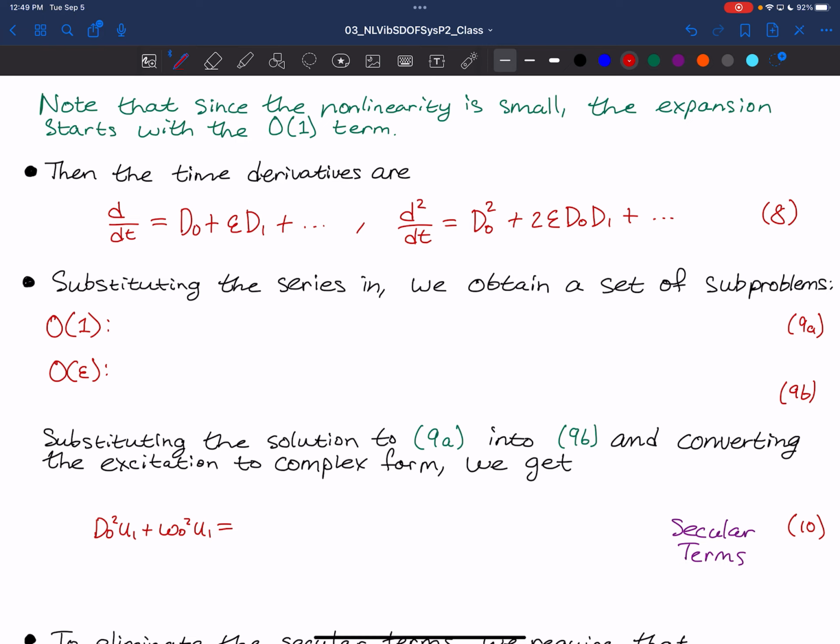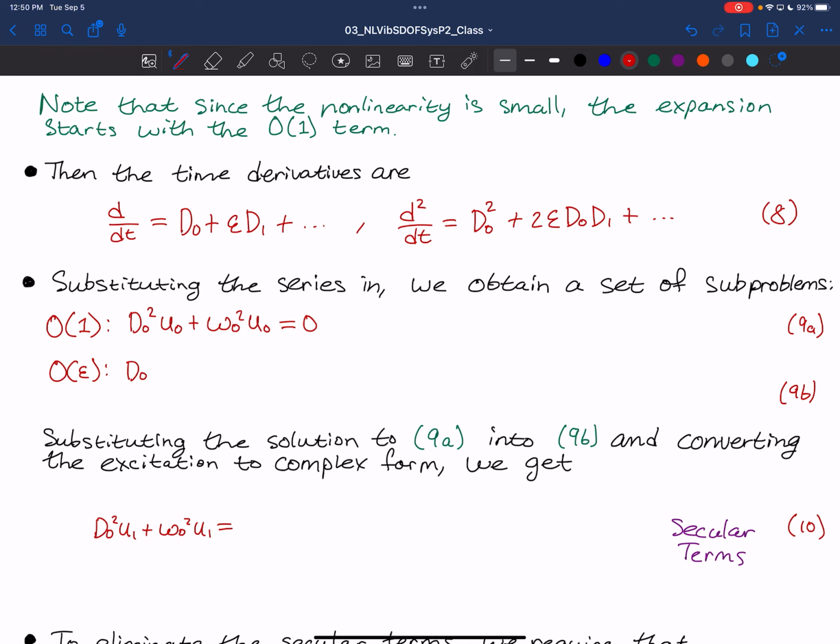We'll then break it down by order of epsilon, and it will result in d0 squared u0 plus omega 0 squared u0 is equal to 0. You'll note that the forcing did not show up at this leading order, and that's because we assumed it was weak forcing. When we do the other two resonance cases and assume strong forcing, that forcing will show up at the leading order equation.